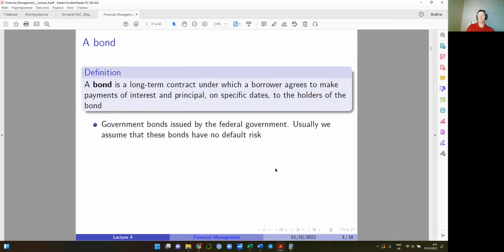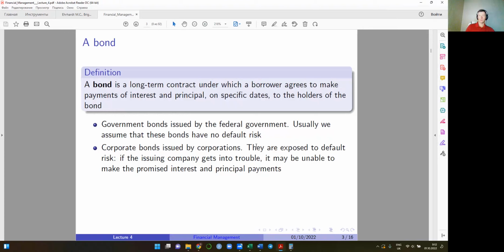It means that in principle, we don't expect that the federal government will not be able to pay its obligations. Of course, there are cases. Some countries faced defaults, but usually in normal circumstances, we assume that there is no such risk.